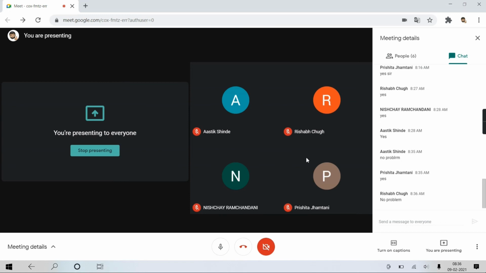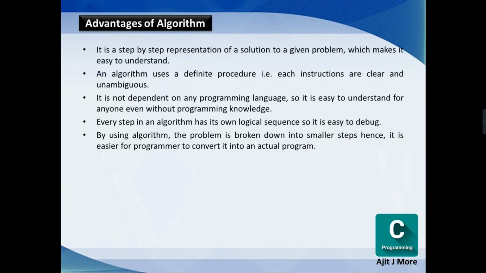Okay, so are the advantages clear to you? Main things you can remember: they are written at a very simple level, easy to understand. We follow definiteness, therefore it will be clear, unambiguous. While writing an algorithm, we do not keep any language in focus. Therefore, any person who doesn't know programming can also read the steps and understand it.